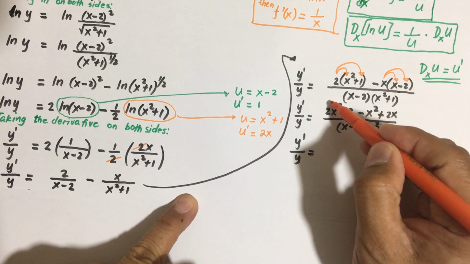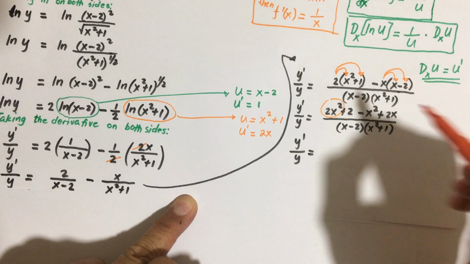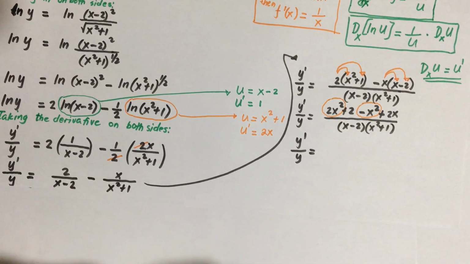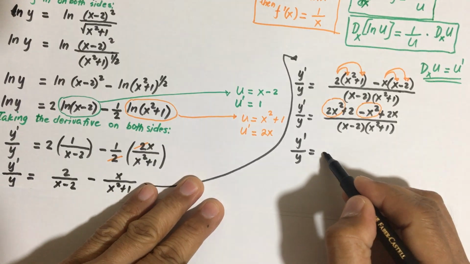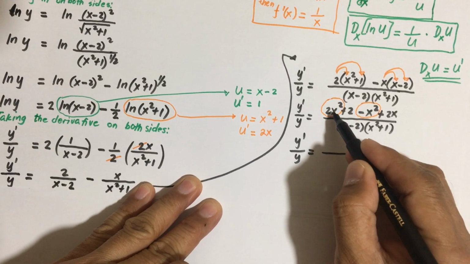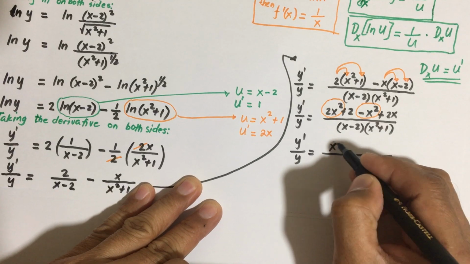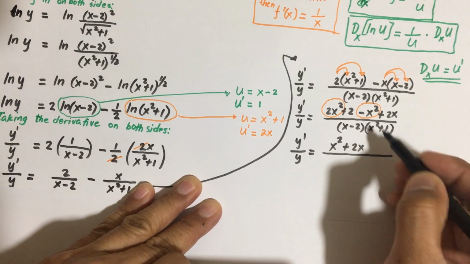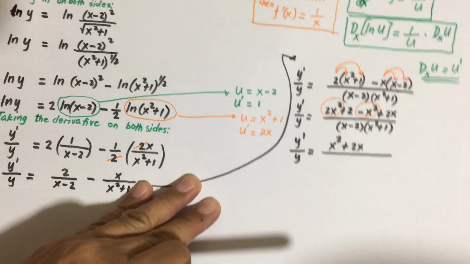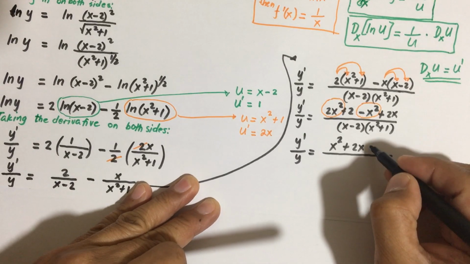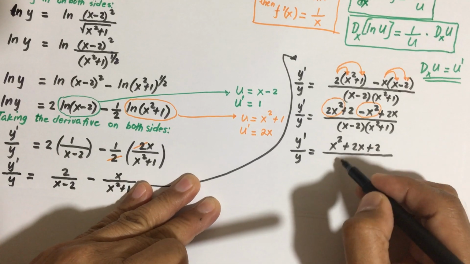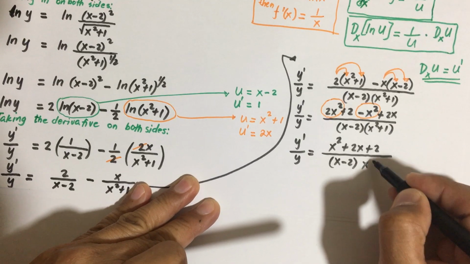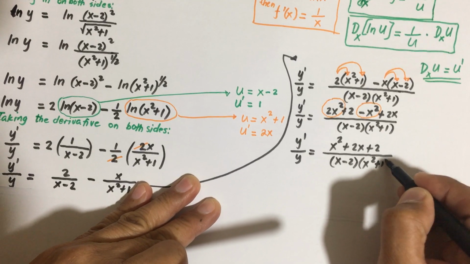We have 2x squared here, which we combine with minus x squared. 2x squared minus x squared is simply x squared, then you have plus 2x, plus 2. Then write down the same denominator, x minus 2 times x squared plus 1.